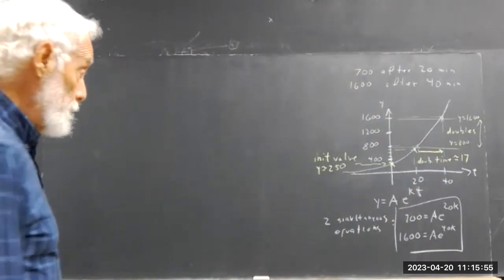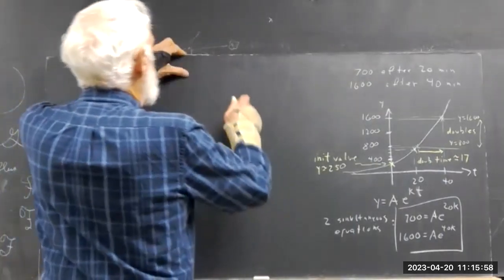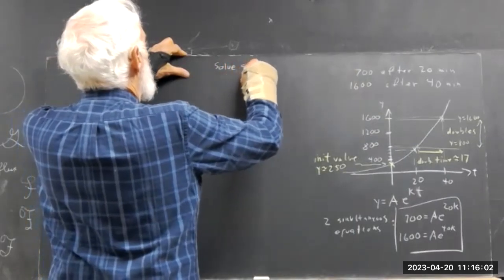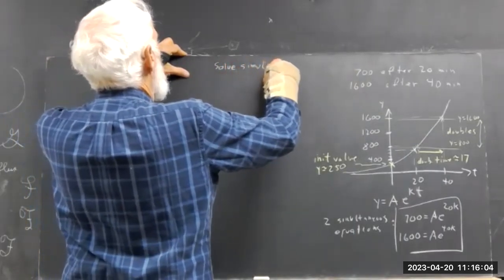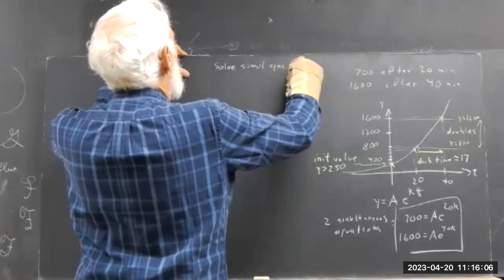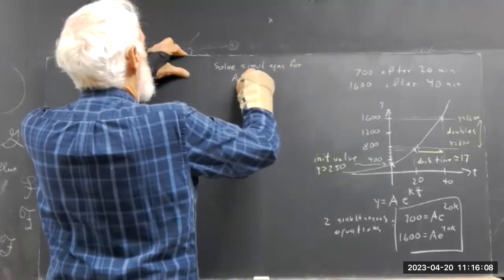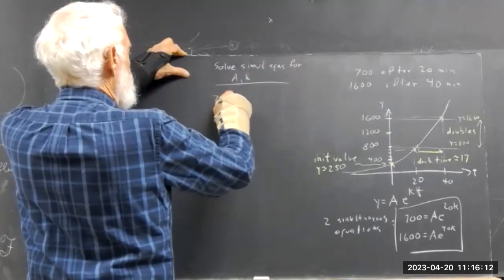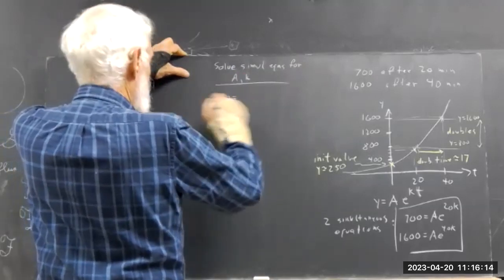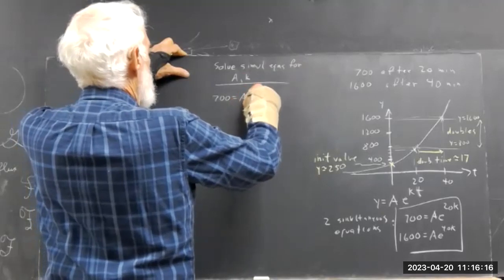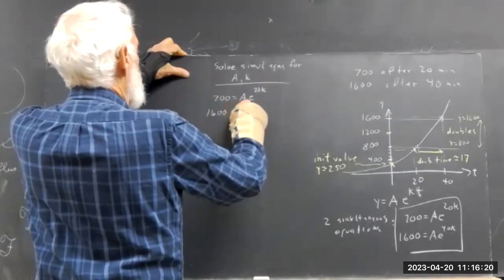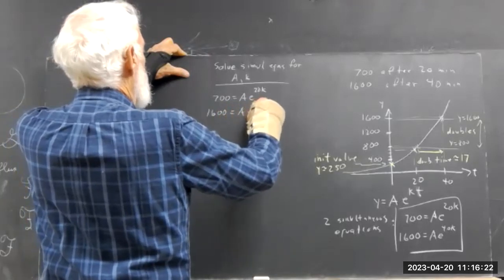Now we solve the simultaneous equations for a and k. So we write it down: 700 equals a e to the 20k, 1600 equals a e to the 40k.